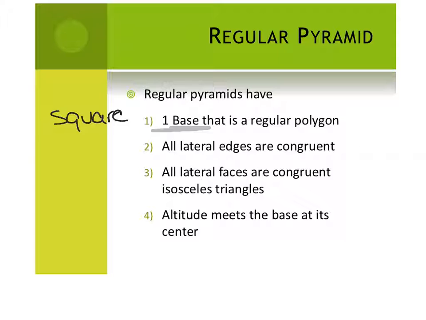And if it were a regular triangle, then our base would be an equilateral triangle. So an equilateral triangle if it's a regular triangular pyramid. So know that when it's a regular figure, all sides and all angles are congruent. Whenever it's a regular polygon.